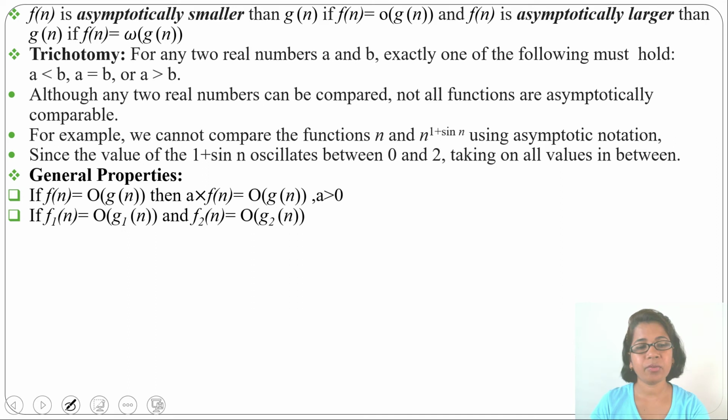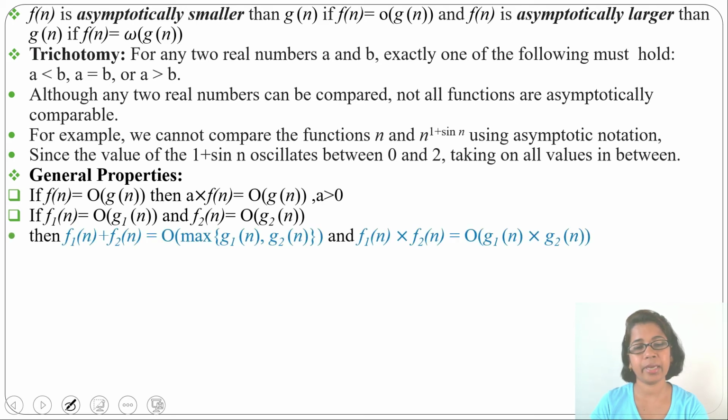If f1(n) equals big O of g1(n) and f2(n) equals big O of g2(n), then the addition f1(n) plus f2(n) will be big O of max of g1(n) and g2(n), and their multiplication will be big O of g1(n) multiplied by g2(n).